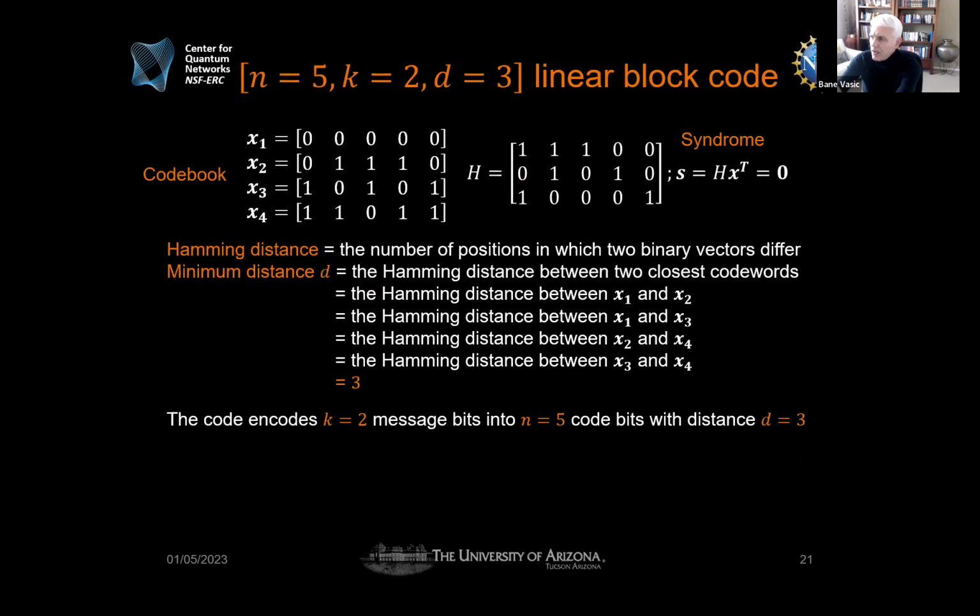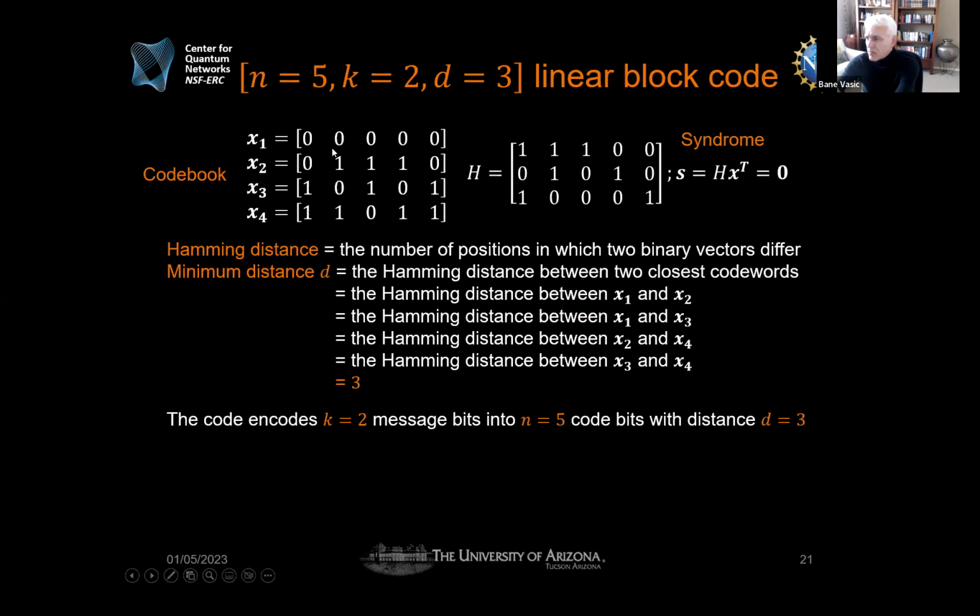So here is an illustration of our code. Remember, these are different code words. This is a parity check matrix. Now I can create a table and find the minimum distance between each of these code words. Code words x1 and x2 differ in 3 bits, these 3 bits. x1 and x3 again differ in 3 bits. x1 and x4 differ in 4 bits.